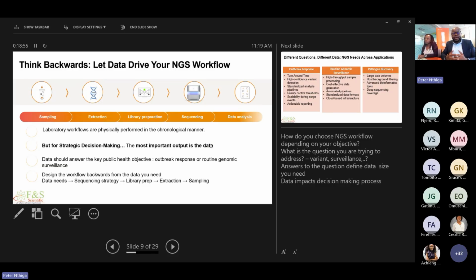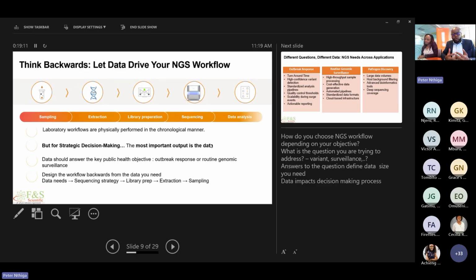So when we work in the lab, when we execute the workflows, of course, we tend to think in a chronological manner: from sampling, we then perform our extraction, we then perform our library prep, sequencing and data analysis.